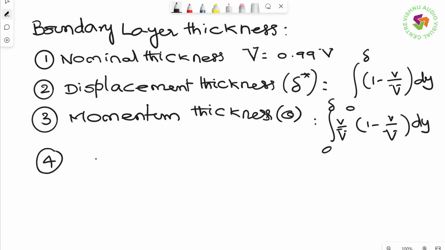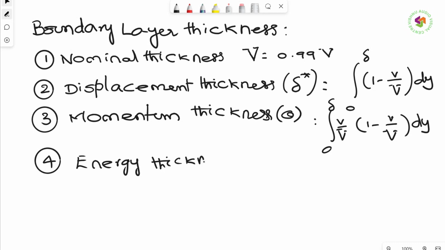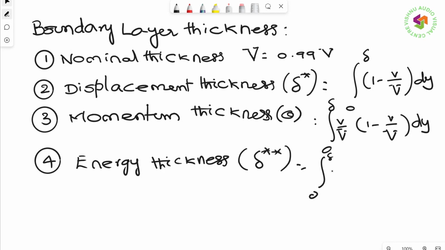Then fourth one is the energy thickness, delta double star, equal to the integral from 0 to delta of (v by capital V) into (1 minus small v squared by capital V squared) dy.